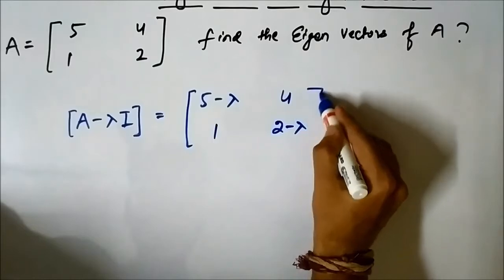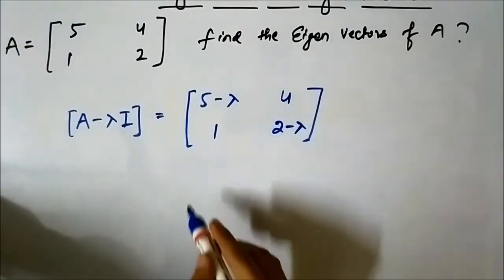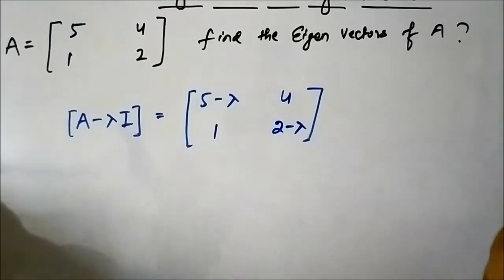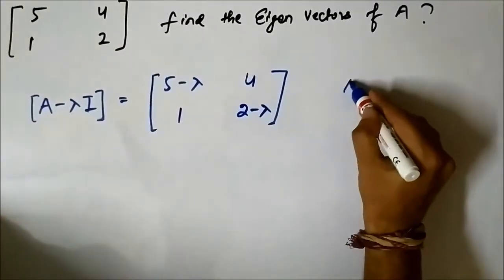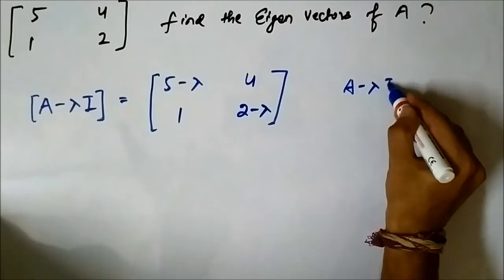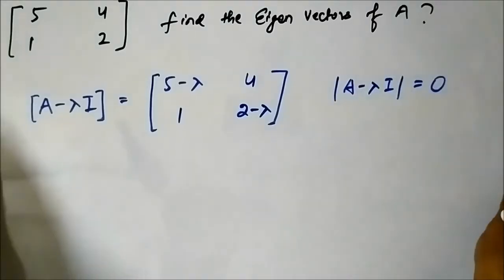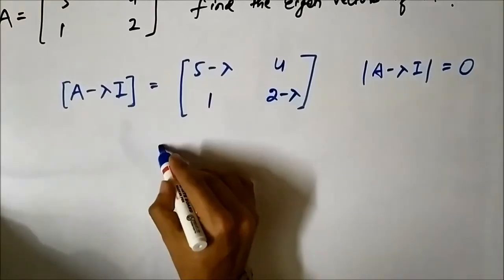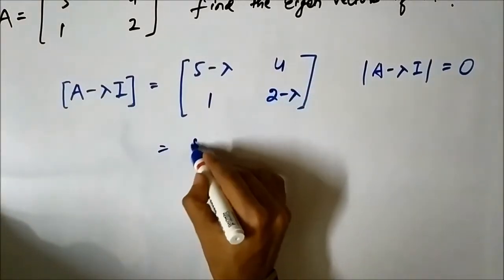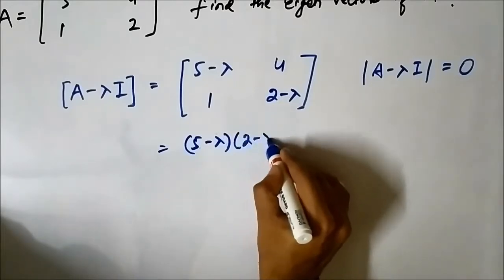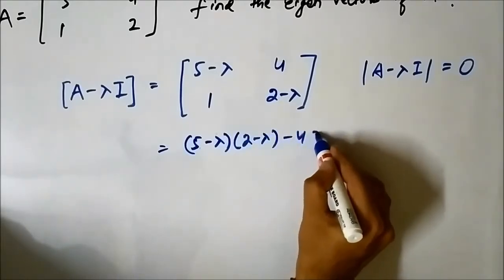We have to determine the determinant of this matrix, which will be the characteristic equation. The characteristic equation is the determinant of A minus lambda I equal to 0. So let us first find its determinant, which is (5 minus lambda) into (2 minus lambda) minus 4 is equal to 0.